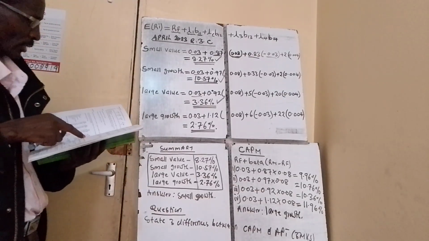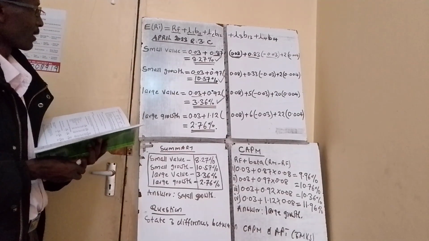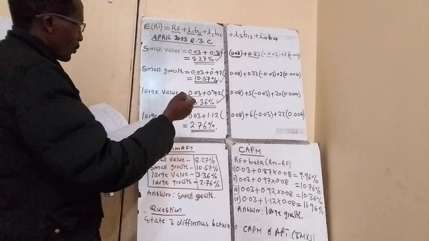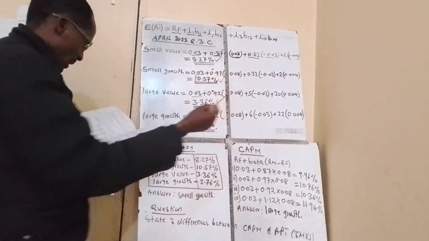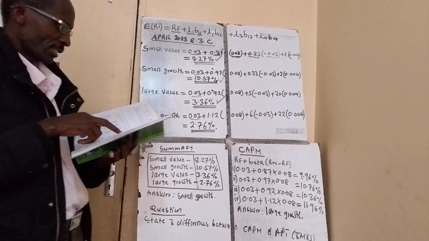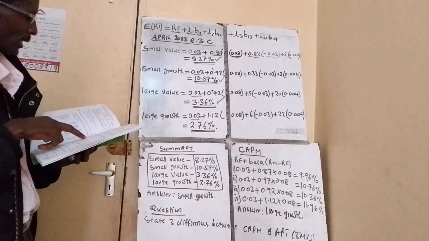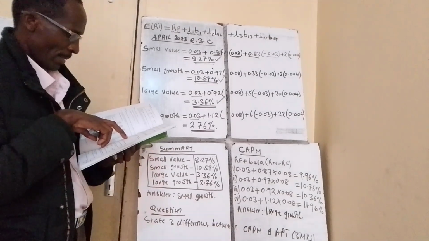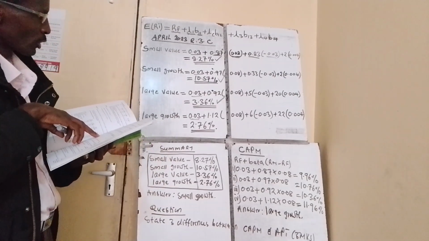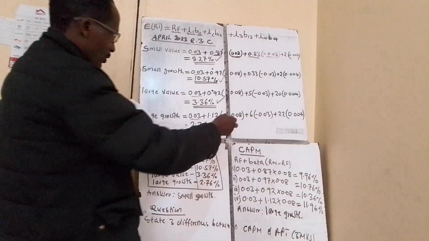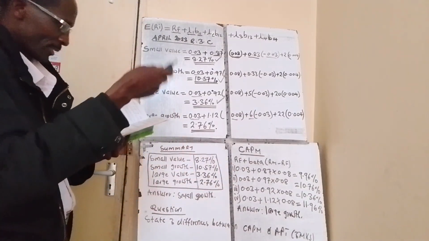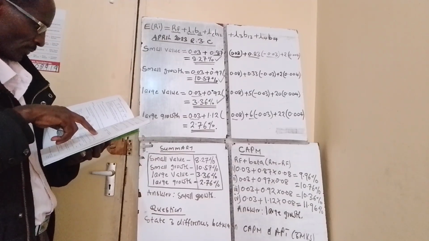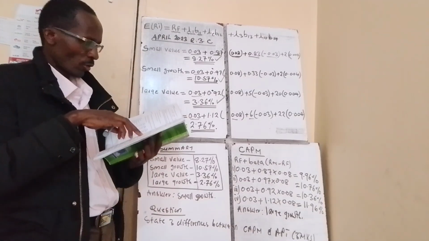Then the last portfolio is large growth. You start with the risk-free rate, which was 3%, that is 0.03. You plus the market beta, that is sensitivity to factor 1, which was 1.12. You multiply by 0.08, that's the risk premium which is given. Then you plus sensitivity to factor 2 for large growth, which is 6, times risk premium negative 0.03.